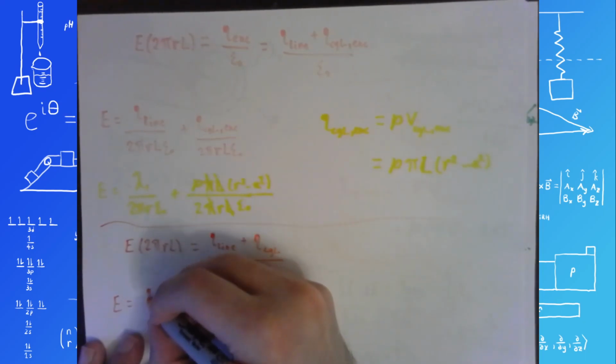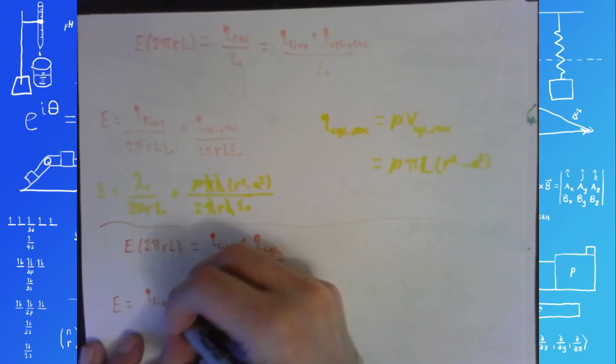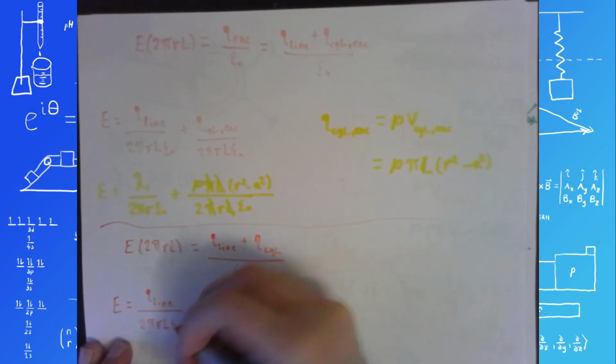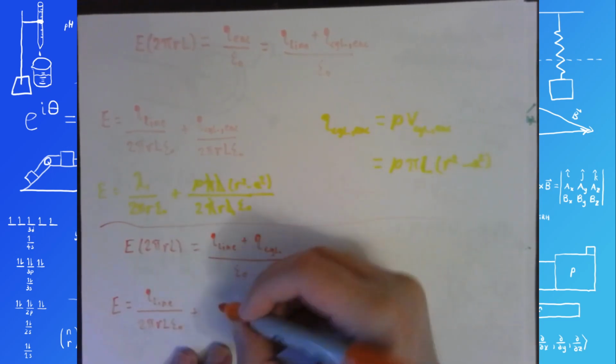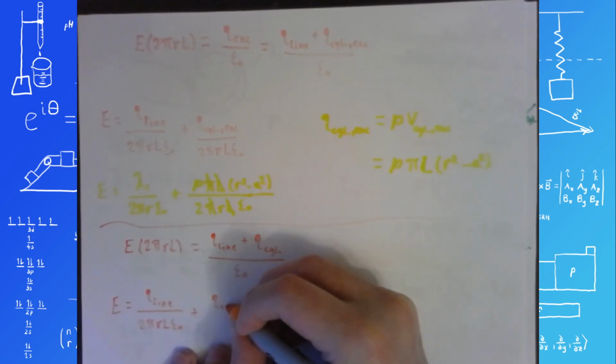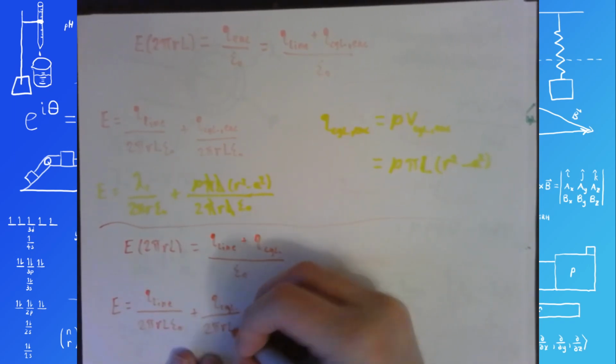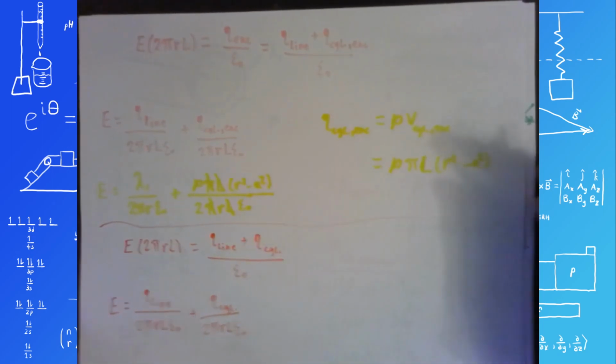So I would have Q line over 2 pi RL epsilon naught plus Q cylinder over 2 pi RL epsilon naught.